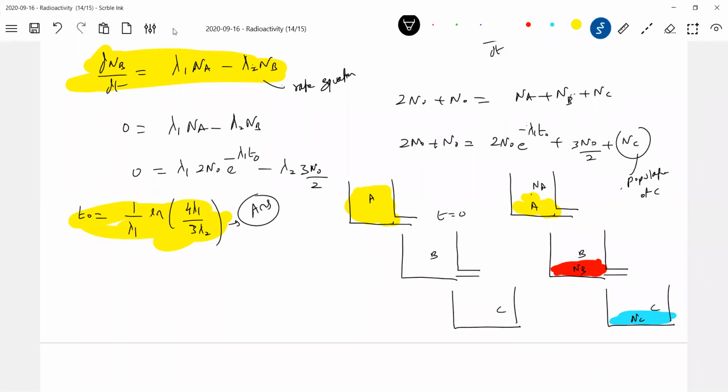Again, you should go back to the equation successively. NB is equal to lambda 1 N naught by lambda 2 minus lambda 1, times e to the power of minus lambda 1 t minus e to the power of minus lambda 2 t. From that, you'll get the population of B at any time t. Both will give the same answer. But we are discussing our entire problem when B stops. The moment B stops, it's telling B will stop here.